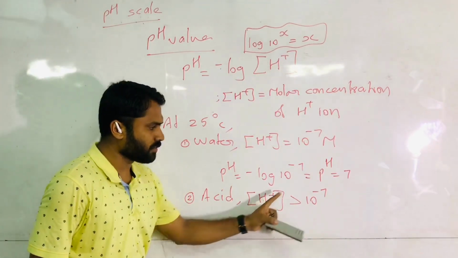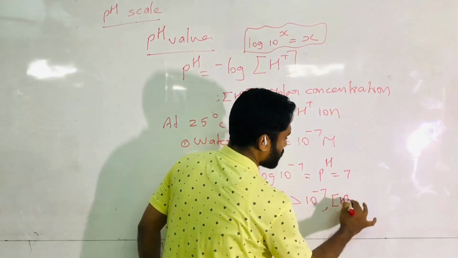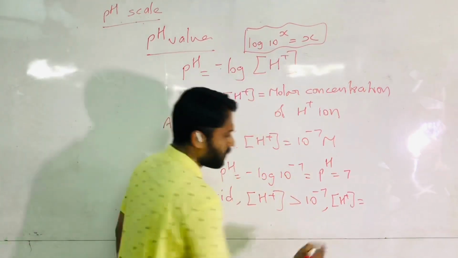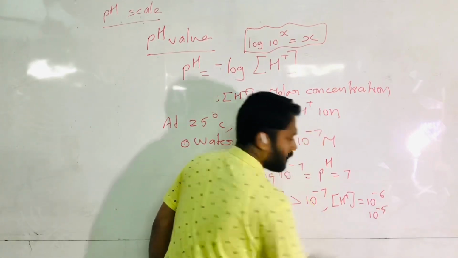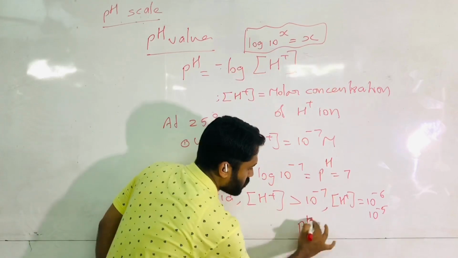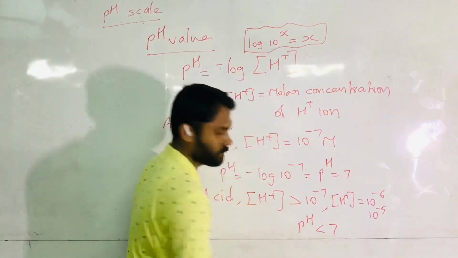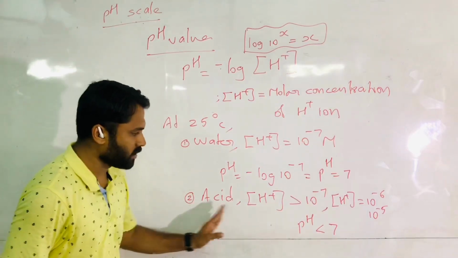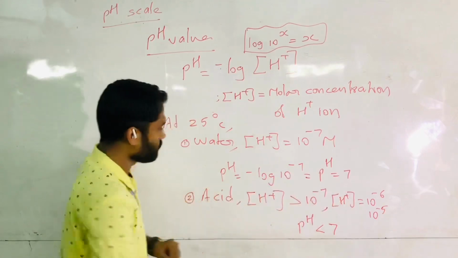If concentration of H plus is 10 raised to minus 6, minus 5, like that, pH will be 6, 5, like that, less than 7. So in acid, pH is less than 7, for water, pH equals 7.